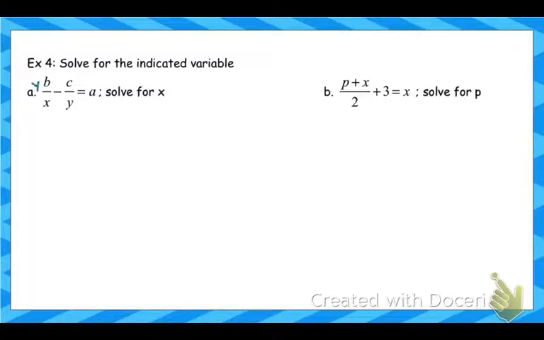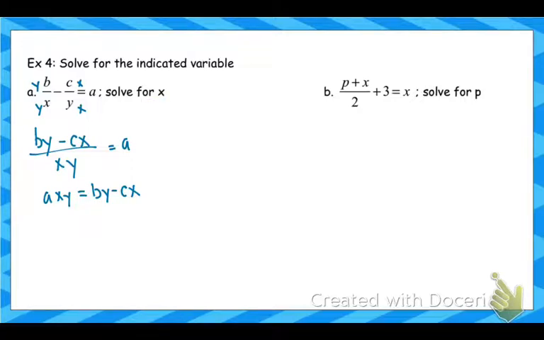So that means I would multiply by y, multiply by x, and now that left fraction is the same. All right, then we'll go ahead and cross multiply. Then I can go ahead at this point, I'm solving for x.